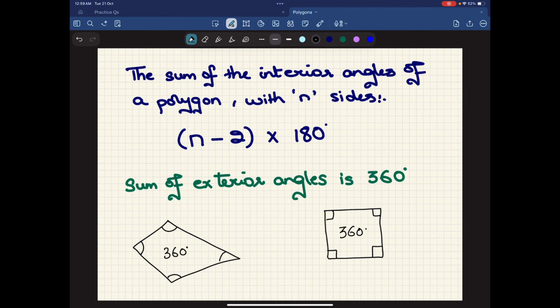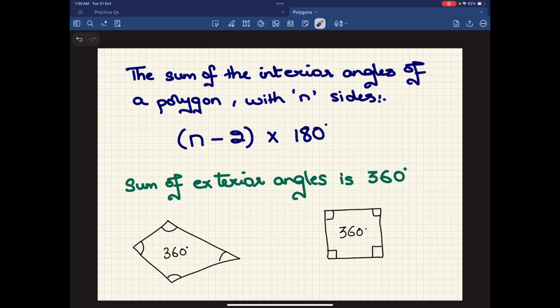Okay, the difference is that for a regular polygon, all angles are equal, right? So what we do is that we divide the total sum, the sum of the interior angles, by the number of sides, because we want to divide this sum equally between all the angles. Right, so 360 divided by 4 gives us 90. So each interior angle of a square will be 90 degrees.